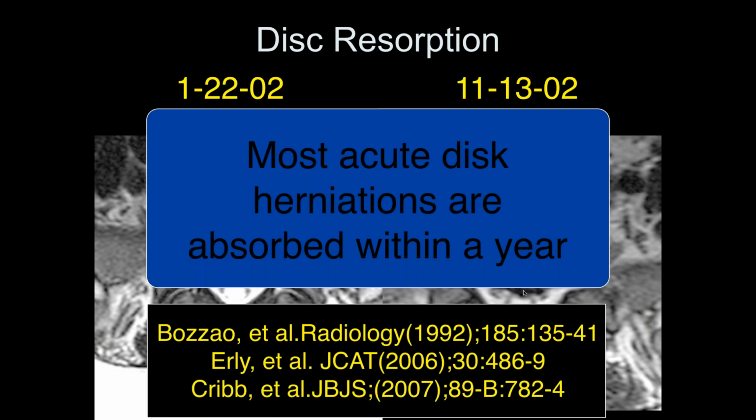If there's a fibrous component along with it, that tends not to be resorbed, and it gives a residual thing there. As we'll talk about later when we discuss clinical studies, if you have an acute focal disc extrusion and you elect not to have surgery, at a 1-year follow-up almost 100% of those will be resorbed.